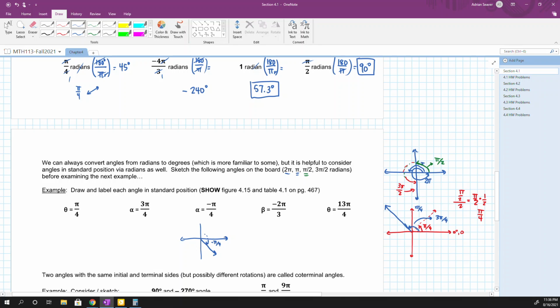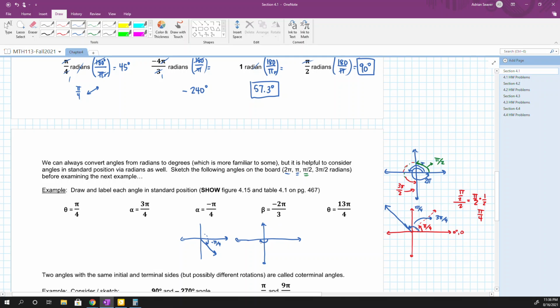Okay. The next one's really kind of interesting. It is beta equals negative 2 pi divided by 3. Well, that one we've got to think about a little bit. If I go all the way around in the positive, counterclockwise direction, it would be pi radians, 180 degrees.